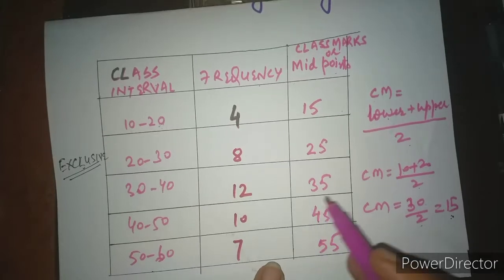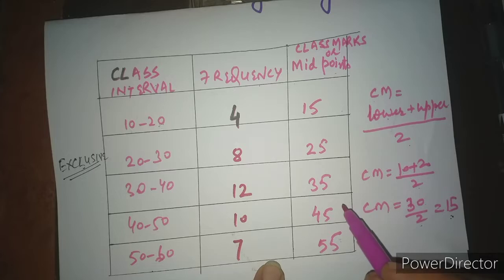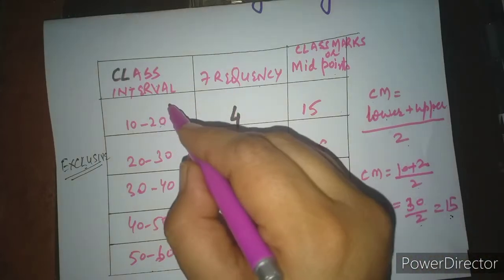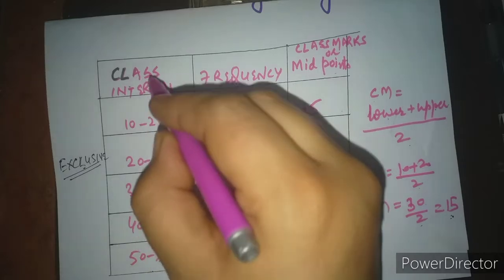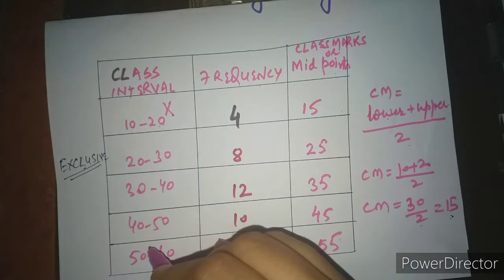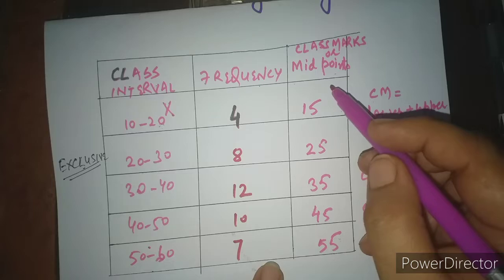Okay, so now we will forget this class interval column, it is for the second method I am telling. We will totally forget this column, and now we will remember this column only.